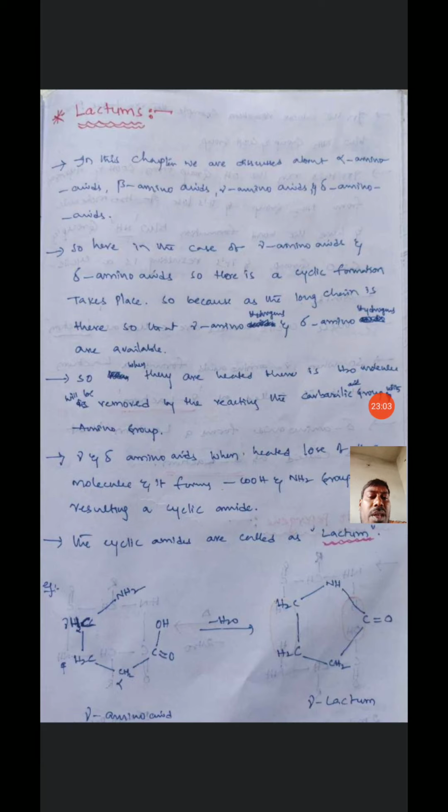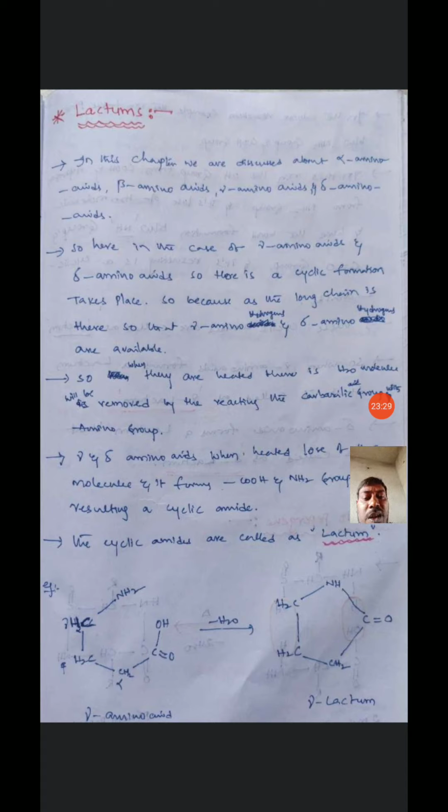In the case of gamma and delta amino acids, a cyclic formation takes place, because as the chain is long, the gamma and delta amino hydrogens are available.